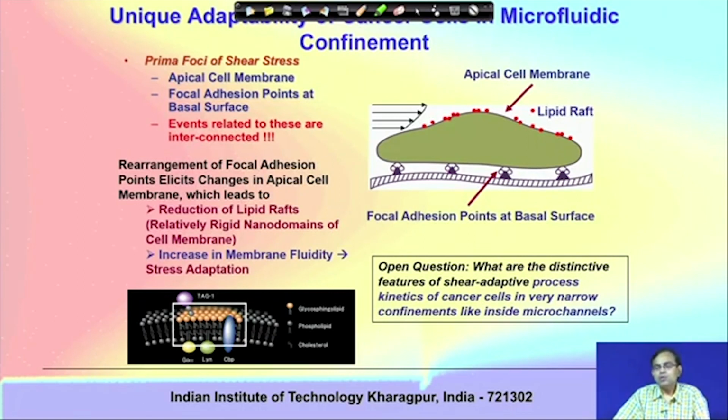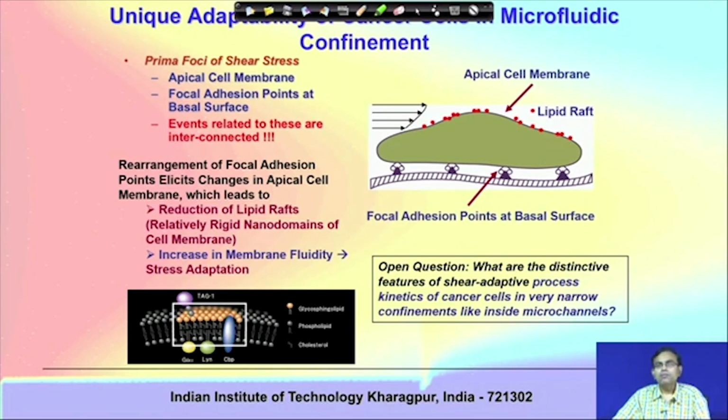So, now when we come to the issue of the interaction of a drug with a cancer cell, there is an interesting issue also of how a cancer cell adapts in a microfluidic confinement. When a cancer cell adapts in the human body in the presence of a drug, one has to separate the chemical effect of the drug from the physical effect of the stress coming from its surroundings or microenvironment, which is called the tumor microenvironment in the biological world.